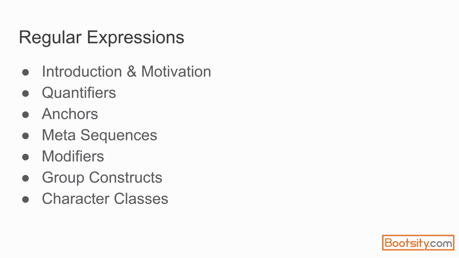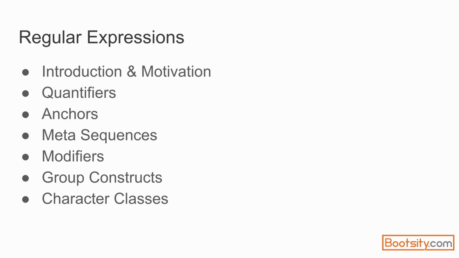Anchors are special words in regular expression that denote the start and end of a regular expression, but there are more that we will study when we come to the anchors session. Meta sequences are special kinds of sequences predefined in regular expression libraries, and these meta sequences can help us to write shorter expressions.